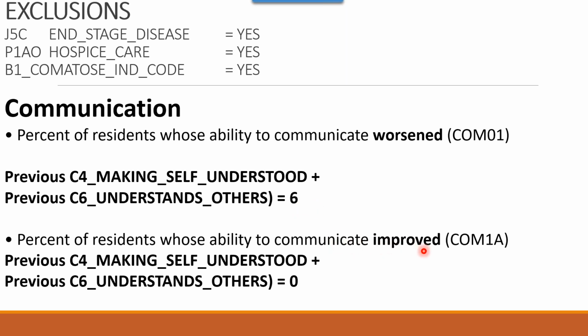And then for the improvement, of course, the opposite. Again, on the previous assessment, we calculate making self-understood and understanding others, and if on that previous assessment your score was a 0, well, you can't get better than 0, or totally independent on those two scales. So you will be excluded from the study again.